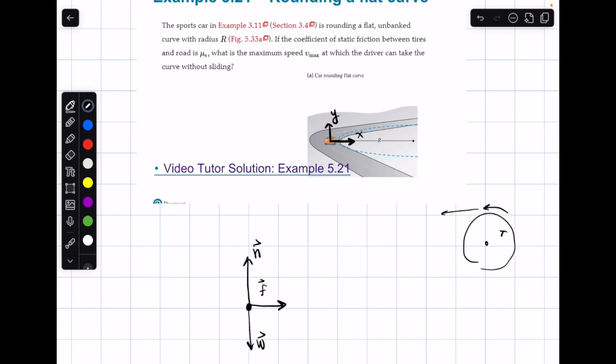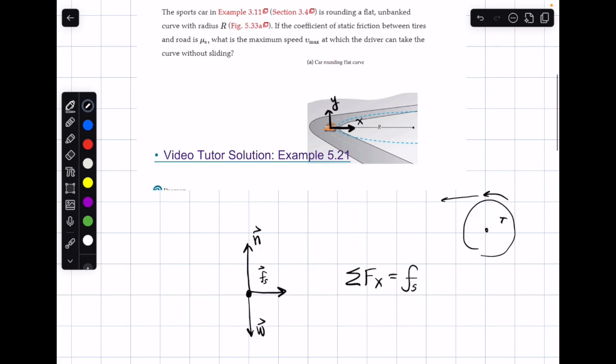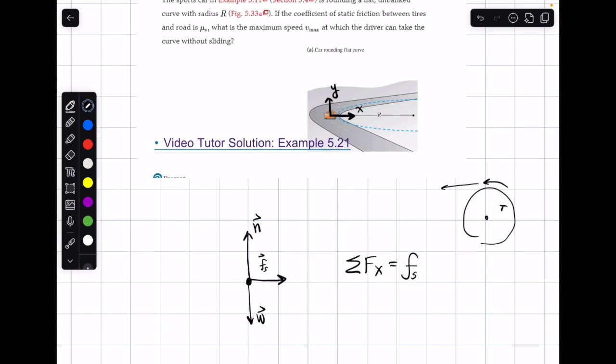And so that is the only force acting on the car in the x. The centripetal force is a result, so it does not belong on the free body diagram. So when we add up all the forces in the x direction, we simply have the static frictional force, because we're not sliding. We want to find the velocity that allows the car to turn the curve without sliding.